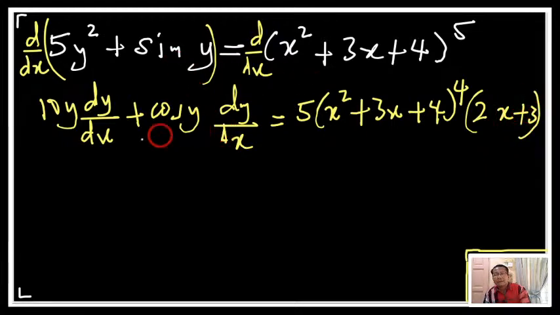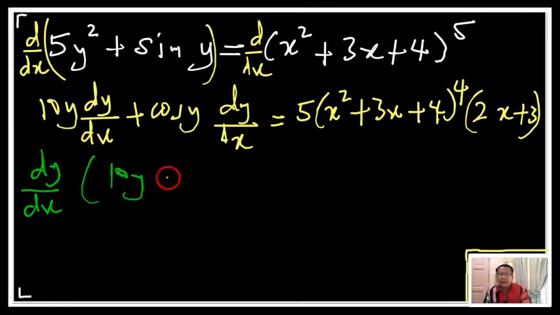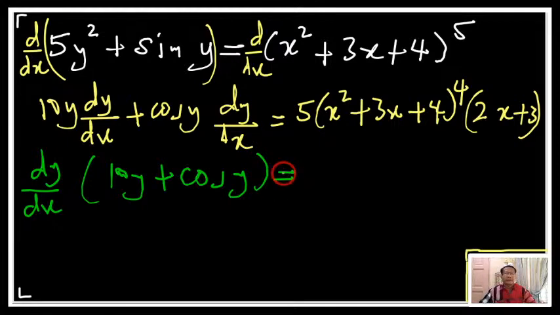You need dy/dx, so factor out dy/dx. We use green color now. dy/dx times (10y + cos y) equal to everything here.